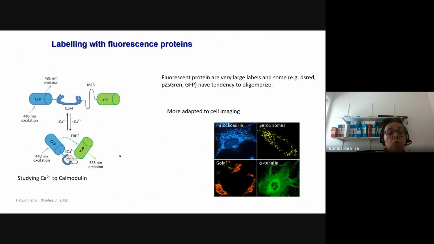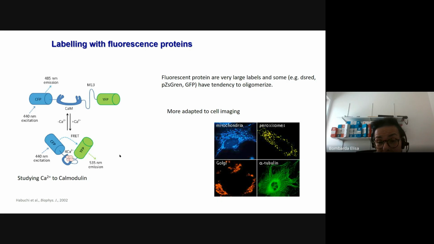Okay. So concerning labeling with the fluorescent protein, definitely GFP opened this chapter some decades ago. GFP was welcomed with great enthusiasm because the labeling was relatively simple.